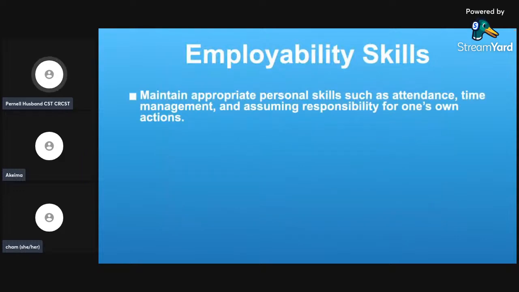So employability skills. Again, this stuff works across all fields. Maintain appropriate personal skills such as attendance, time management, if you want to remain employed, and assuming responsibility for your own actions.